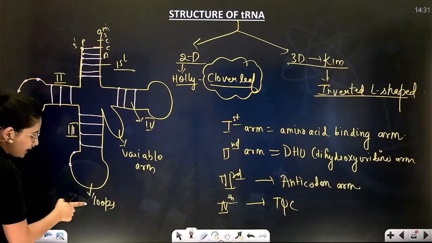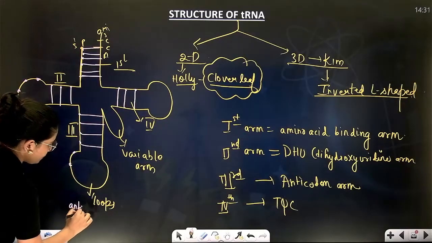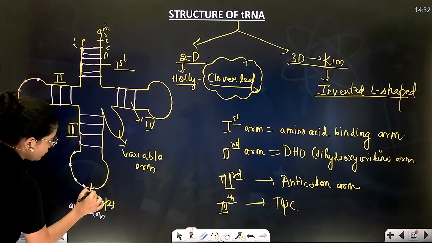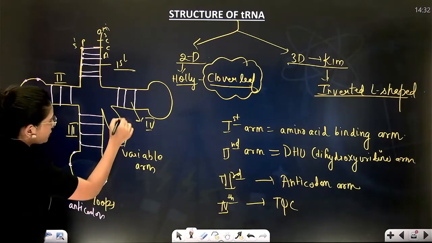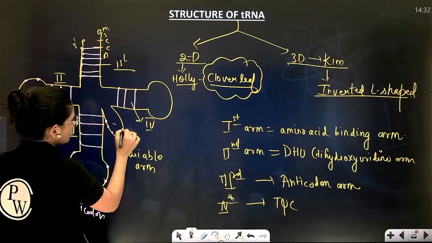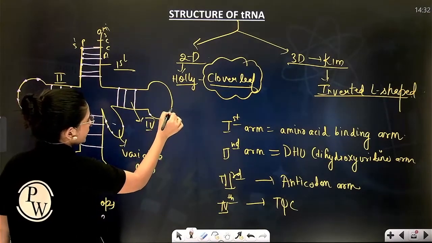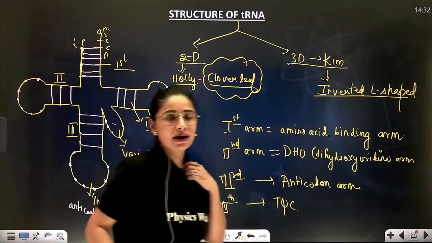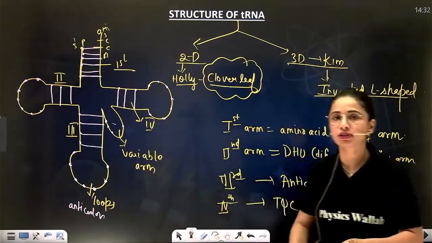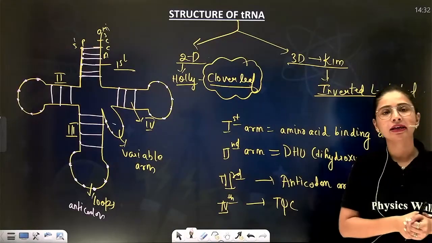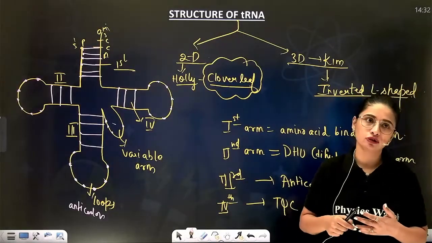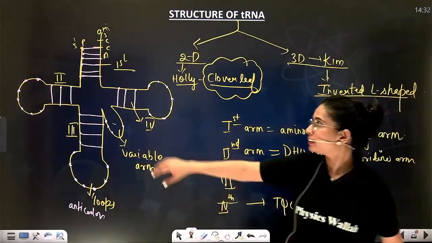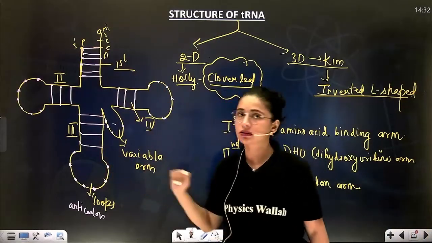They are fixed in case of the anticodon loop, which is 7: 1, 2, 3, 4, 5, 6, 7. Here also 7 fixed. Right? So arms have paired nitrogenous bases. Loops have unpaired nitrogenous bases. Right? Main concern is with the first arm and the third arm.